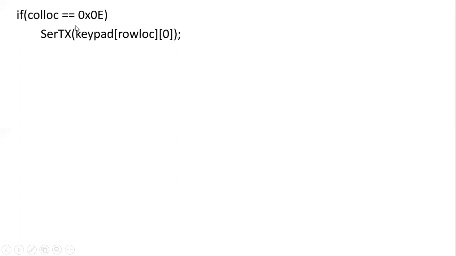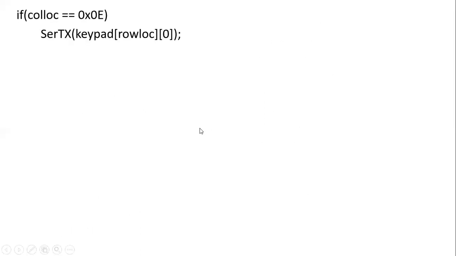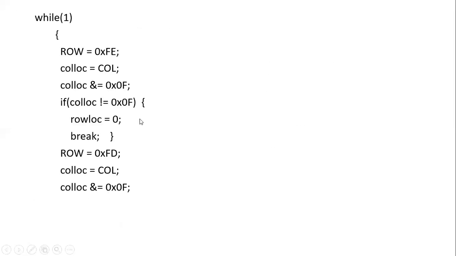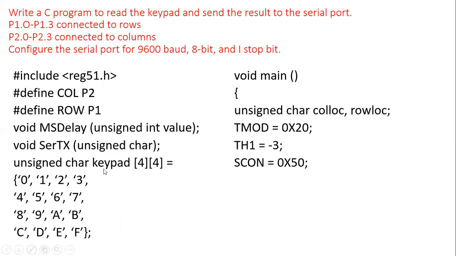Now row location. If the column is 0, 0x0e, isn't it? The row location we will get from this part. Any one may be the row location, isn't it? Then where is the keypad array? In the beginning we had a keypad array, isn't it? Here we have the keypad array.